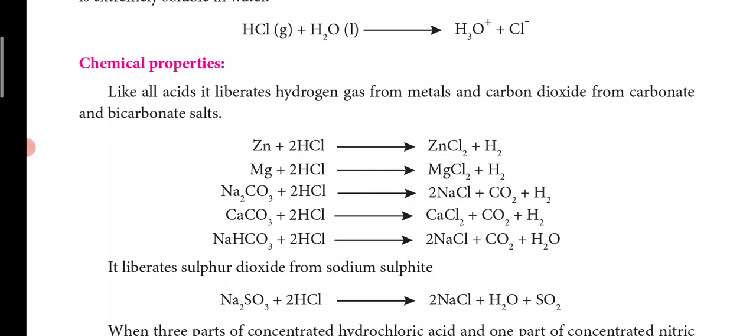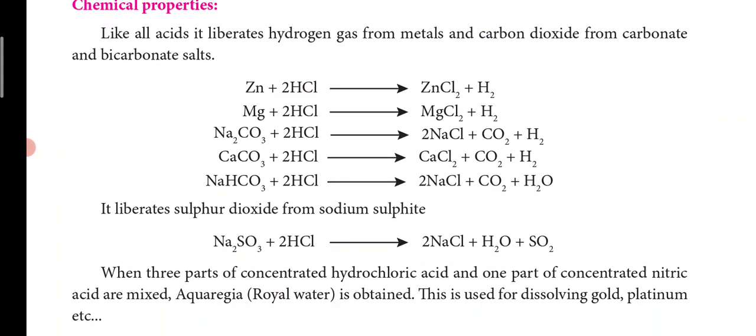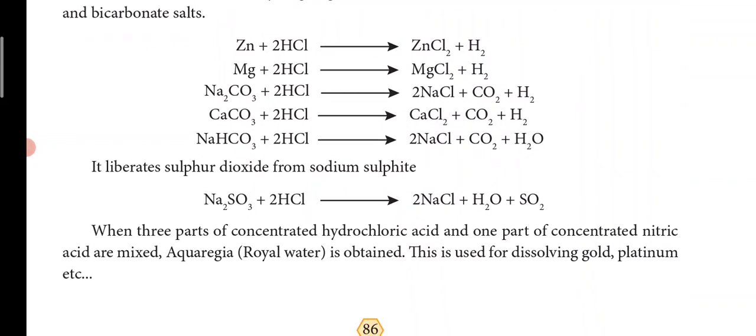If you see the third equation, sodium carbonate has liberated carbon dioxide, whereas in the first two equations, zinc and magnesium react with hydrochloric acid to give the respective salt and hydrogen gas is liberated. It also liberates sulfur dioxide from sodium sulfite. Na2SO3 is sodium sulfite. It reacts with hydrochloric acid to give sodium chloride, water and sulfur dioxide.